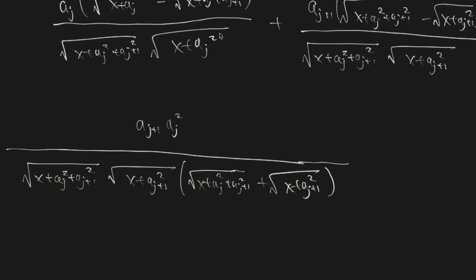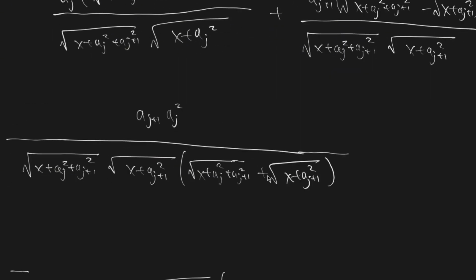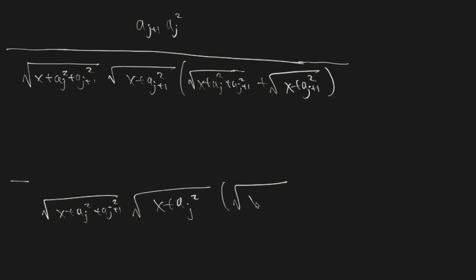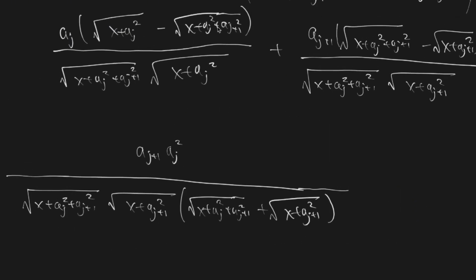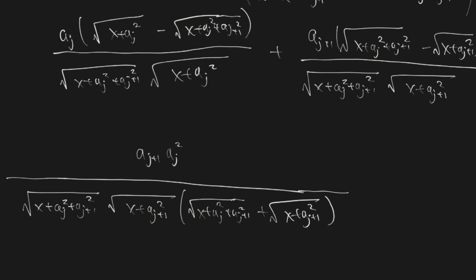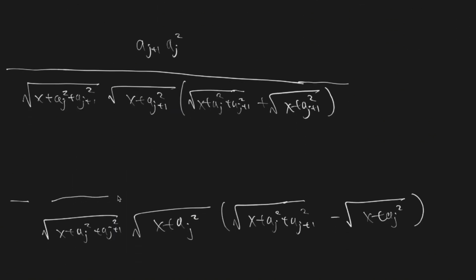And the other thing is this thing plus this thing, which is square root of x plus aj squared plus aj plus 1 squared minus square root of x plus aj squared. I believe that is correct. And if we multiply it by its conjugate, we're just going to get aj plus 1 squared because these two things cancel out. So what we should get is aj times aj plus 1 squared.